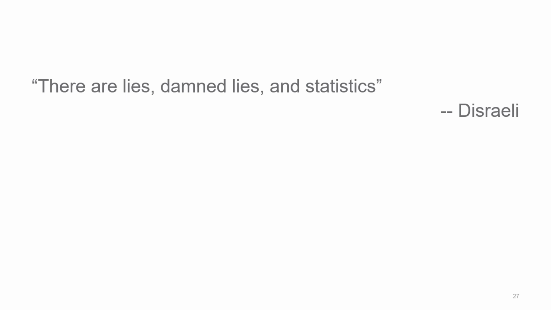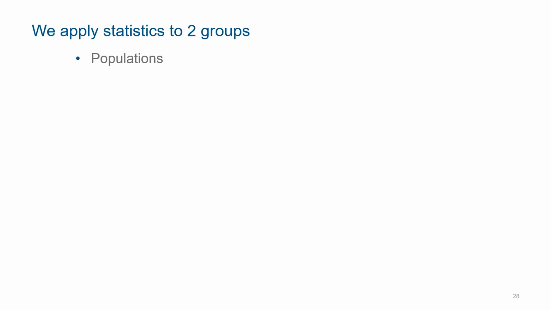A little bit on statistics. There are other parts in this module around statistics. During this course, we're not aiming particularly to teach statistics, other than make you aware of a few elements. As Disraeli said, there are lies, damn lies, and statistics. But a general point I should make in terms of analysis here is that we apply statistics to two groups.